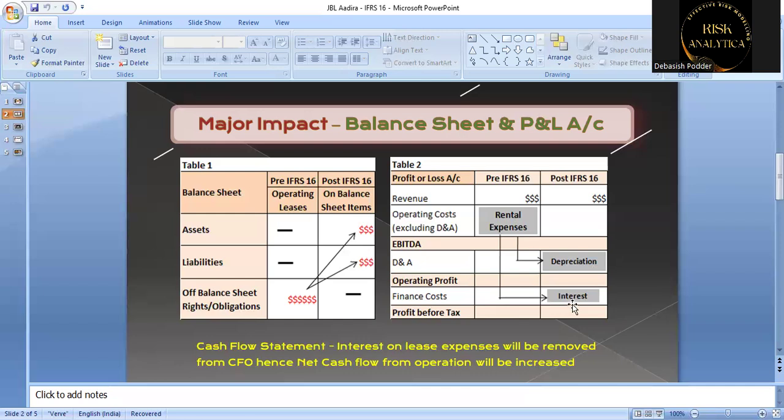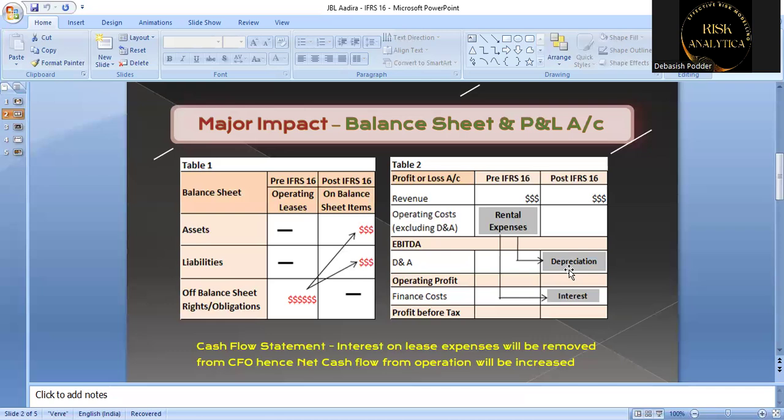If we divide this 100 into two parts, then ultimately we are showing only 50 when we are calculating the operating profit, because operating profit calculation does not consider interest expenses. So it will only consider 50 as depreciation. It means that the company's operating profit will be increased, which is a good sign.